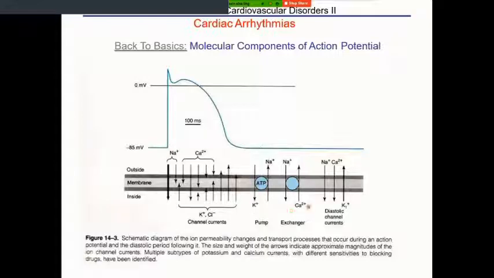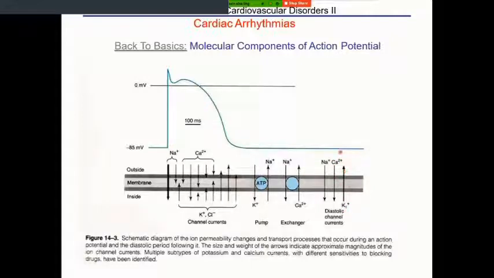And also your sodium calcium exchanger. You also have your diastolic channel currents for sodium and calcium, and also potassium.